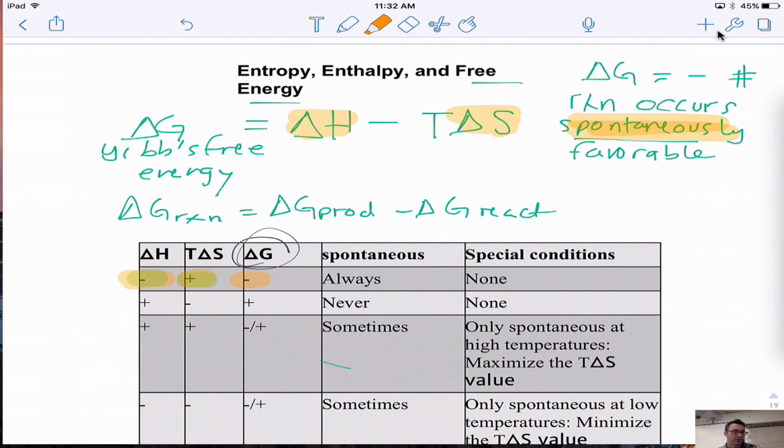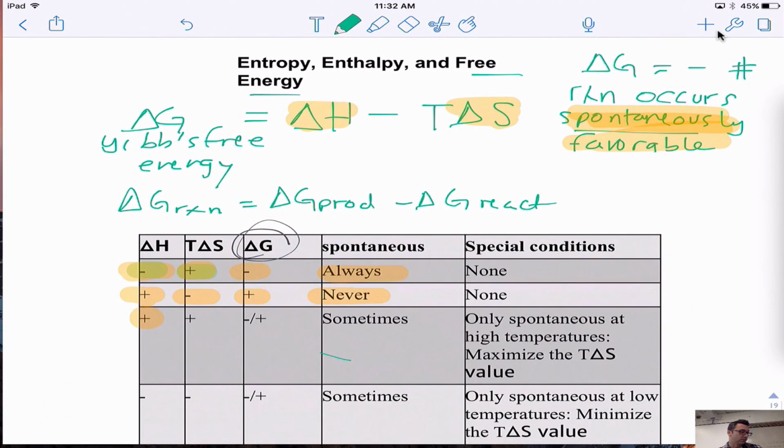Negative means that it occurs spontaneously. It means that the reaction is favorable. That means that the reaction is always favorable. If you had a delta H that's positive and a delta S that's negative, the delta G would always be positive, and the reaction would never be spontaneous.